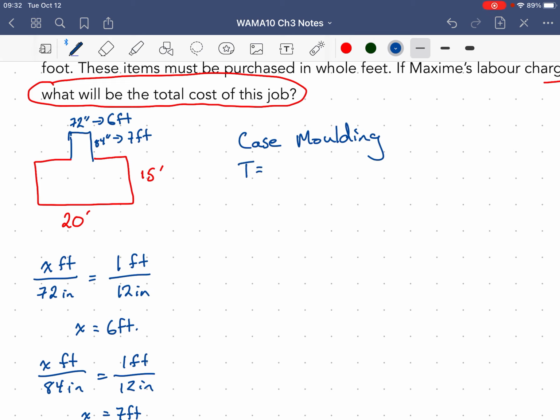So the total amount of case molding is going to be 7 feet plus 7 feet plus 6 feet. So that's the case molding around the door. So the total amount of case molding is equal to 20 feet of case molding. So that's how much case molding we need.